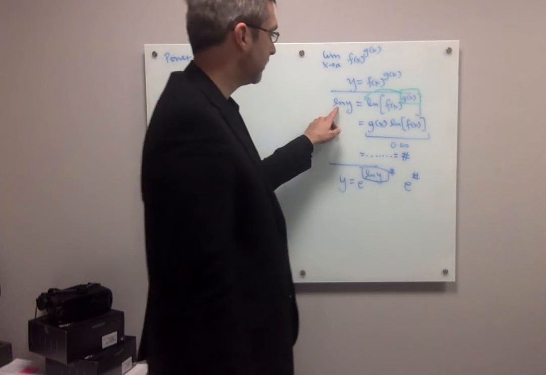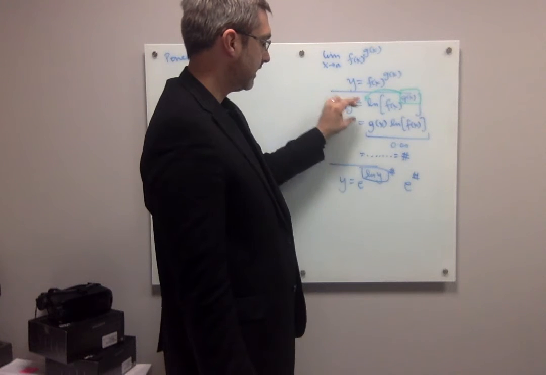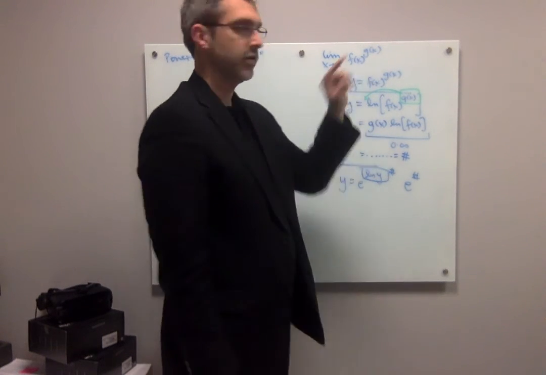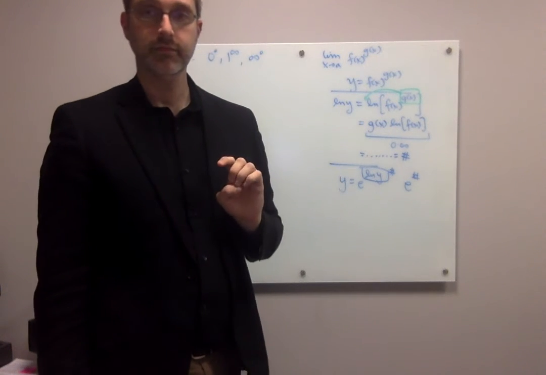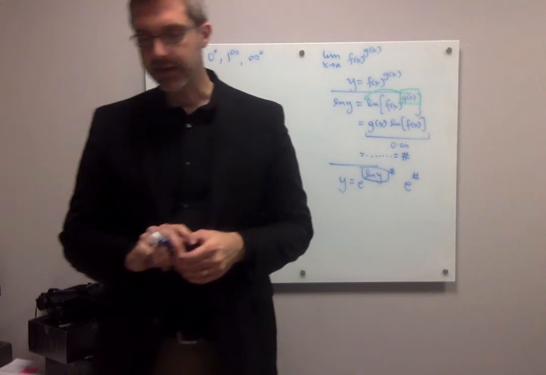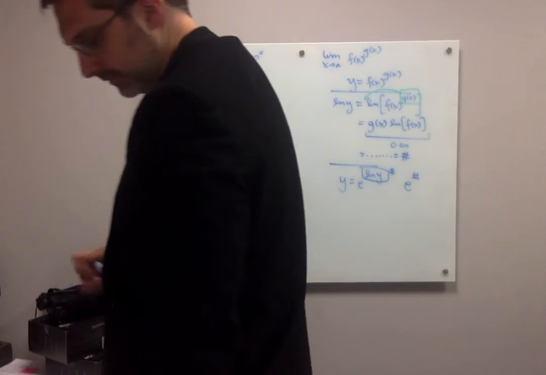Okay, so in other words, if I did this limit and the limit ended up being 1, then the original limit would end up being e to the 1. Okay? You'll see what I mean when we do a few problems. We'll do about 3 examples of this, just so you can get it under your belt. Okay?